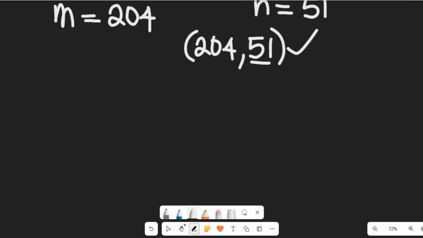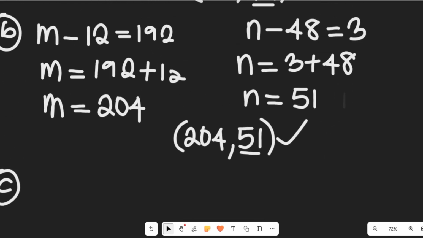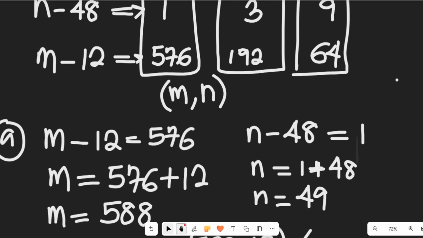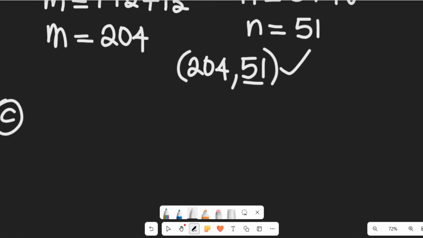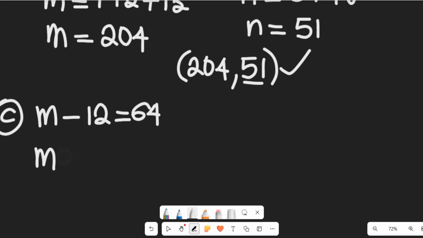Then the last one is the pair where we have the value of n as 9 and 64. Now let us put that figure. This will give us m minus 12 equal to 64. Then here m will be equal to 64 plus 12. 64 plus 12 will give us what?